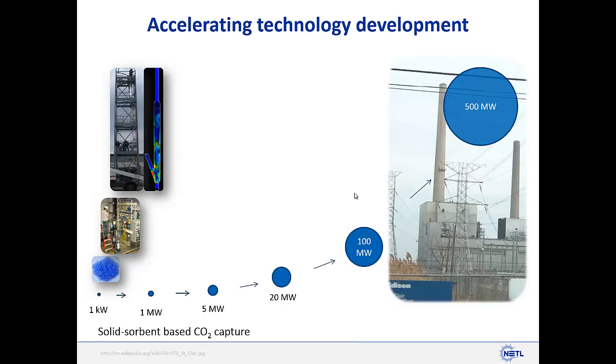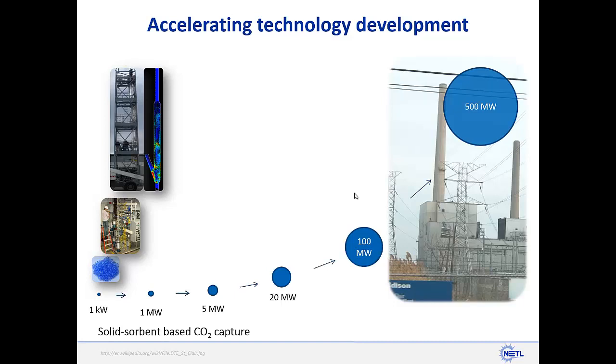And reliability is very important for the power plant industry. So they take these small steps, go to 1 megawatt. These numbers don't mean anything, they're somewhat arbitrary, but you can imagine that they take multiple steps before they get to this large scale.